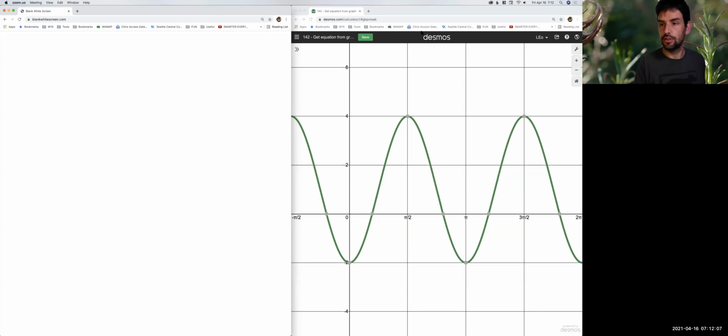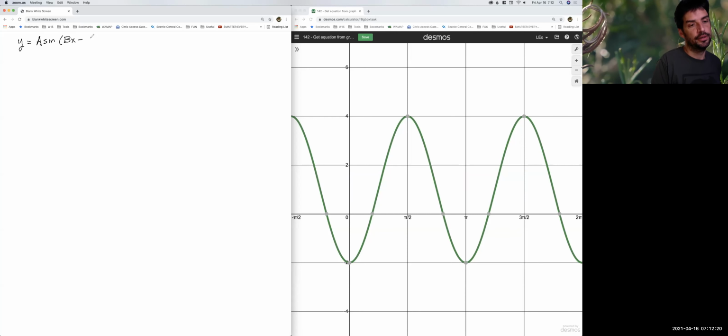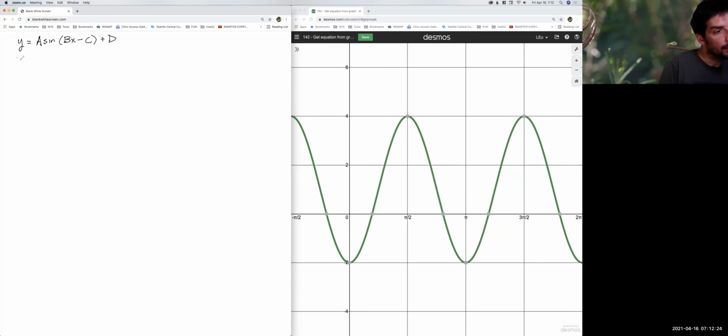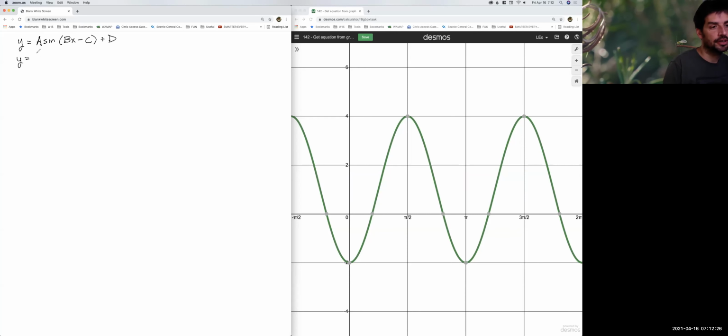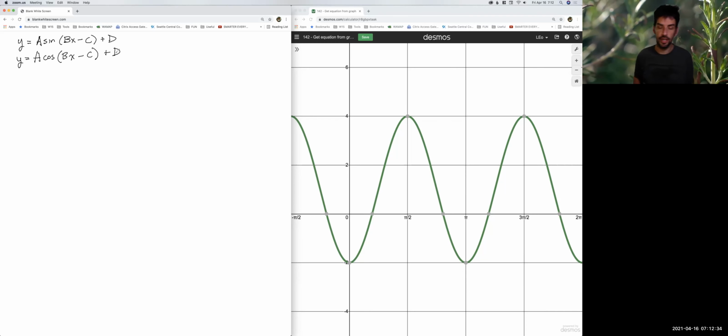We've got y equals A sine(Bx minus C) plus D, and y equals A cosine(Bx minus C) plus D. Okay.